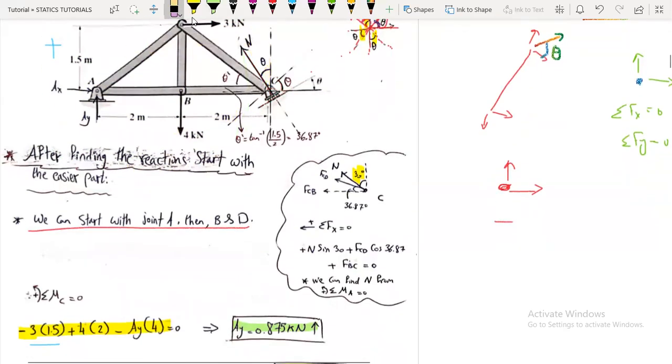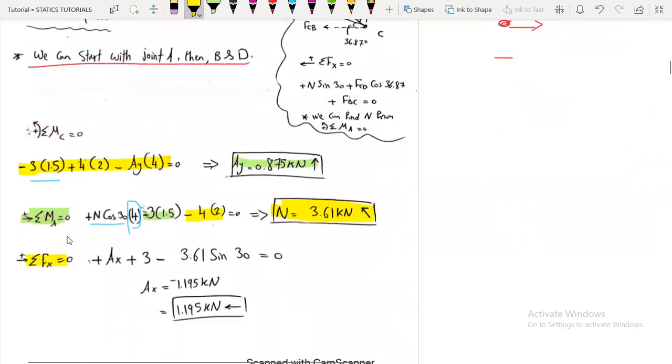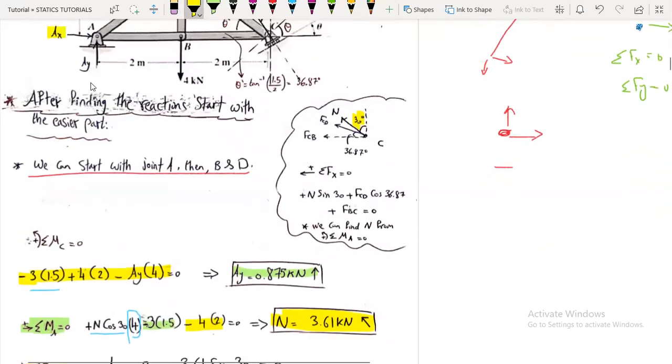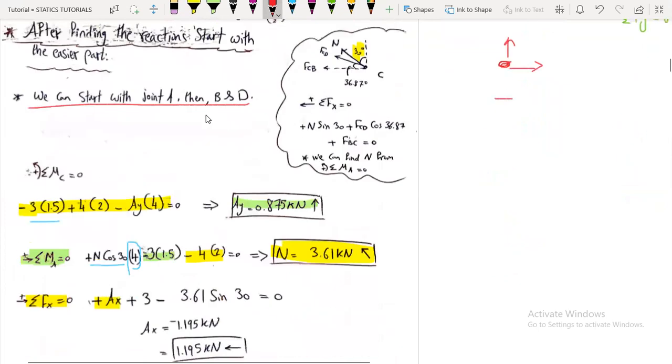Now, taking the summation of forces in the x direction, we get plus Ax plus 3, and minus N sine theta, because here is the N and here is the theta. Here is our axis, so here is the vertical component and here is the horizontal component.